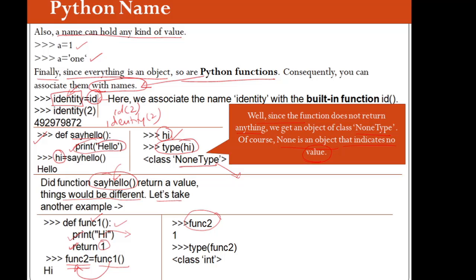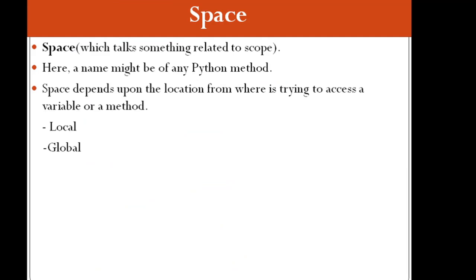First it will display hi and then 1, and when you try to find the type of this func2, earlier as it was not returning anything, it gave NoneType, but now it is returning you an integer. So here the type of func2 is class int.